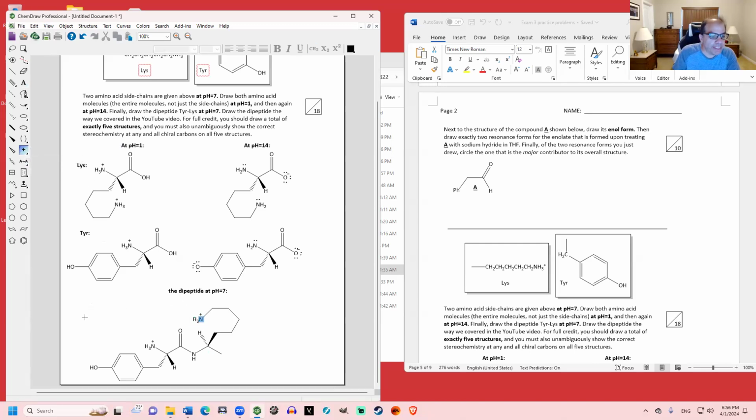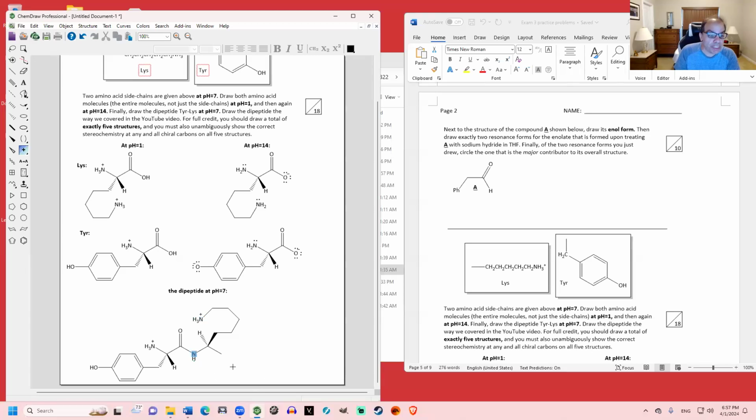That's going to be protonated at pH 7 because at pH 7 we're below the pKa of that amine, or of the ammonium group. The ammonium group has a pKa of about 9.5 or 10. And at pH 7 we're below that. We're more acidic than that. So we're acidic enough to protonate that nitrogen.